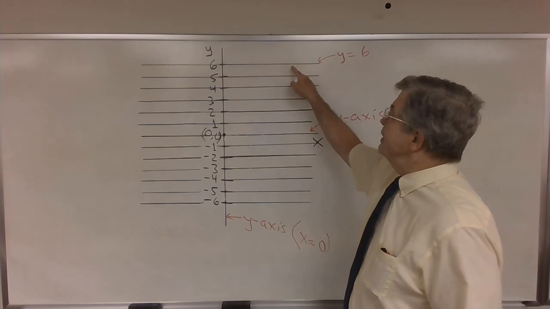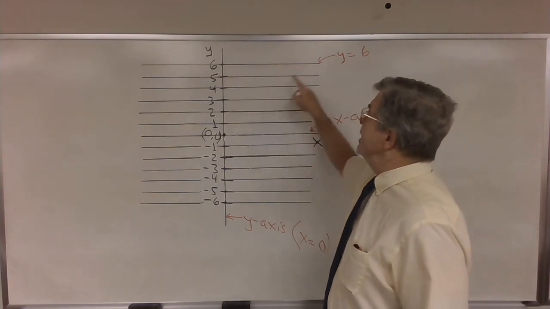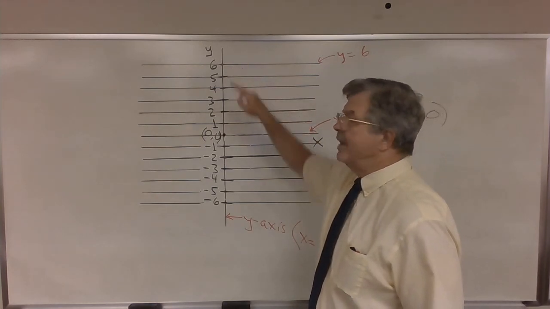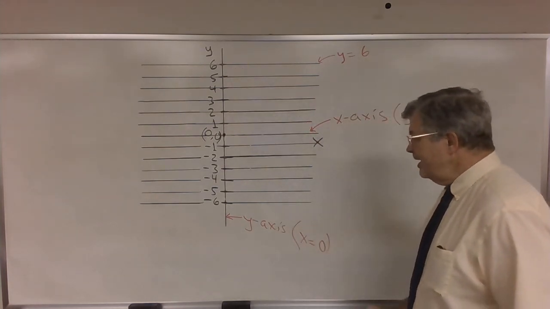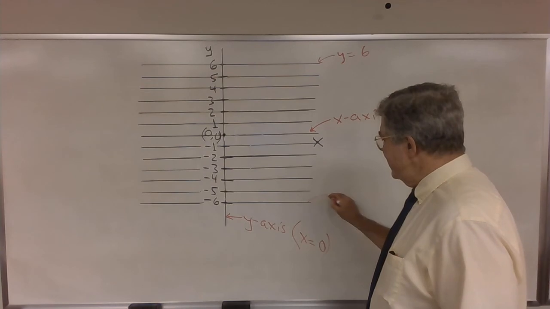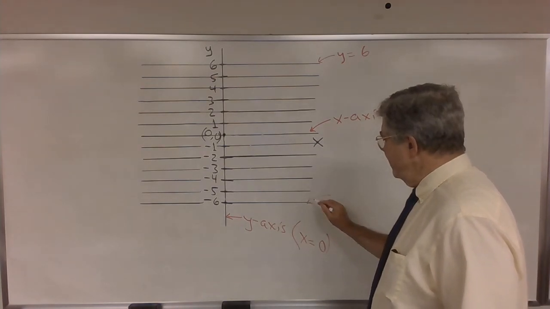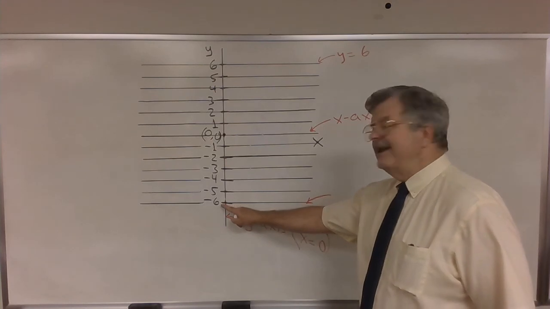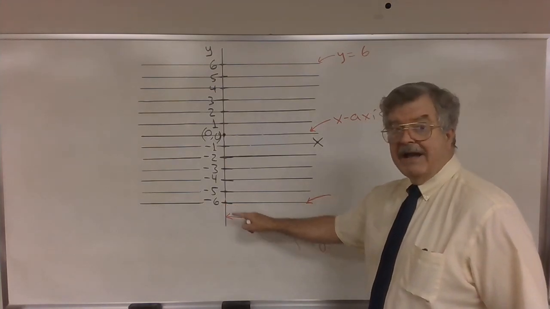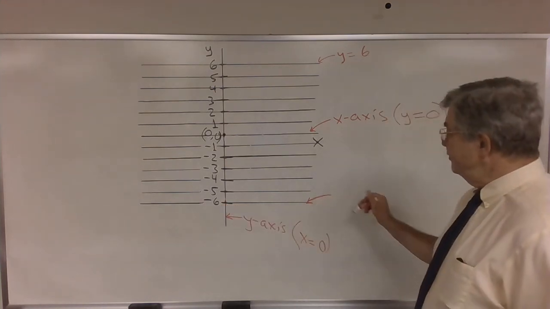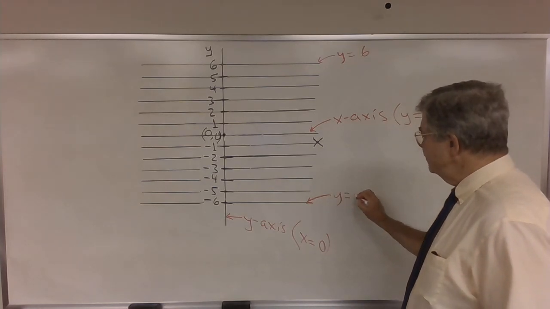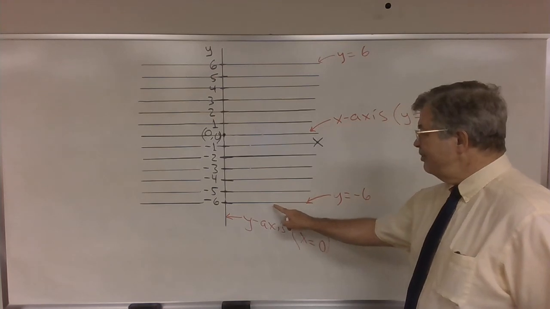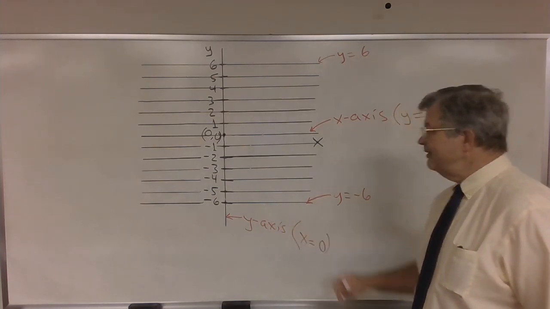The x-coordinates can change on this line, but the y-coordinate of every single point on this line is y equals 6. And this line down here, this line that runs through -6 on the y-axis, is the line y equals -6. The y-coordinate of every point on this line is -6.